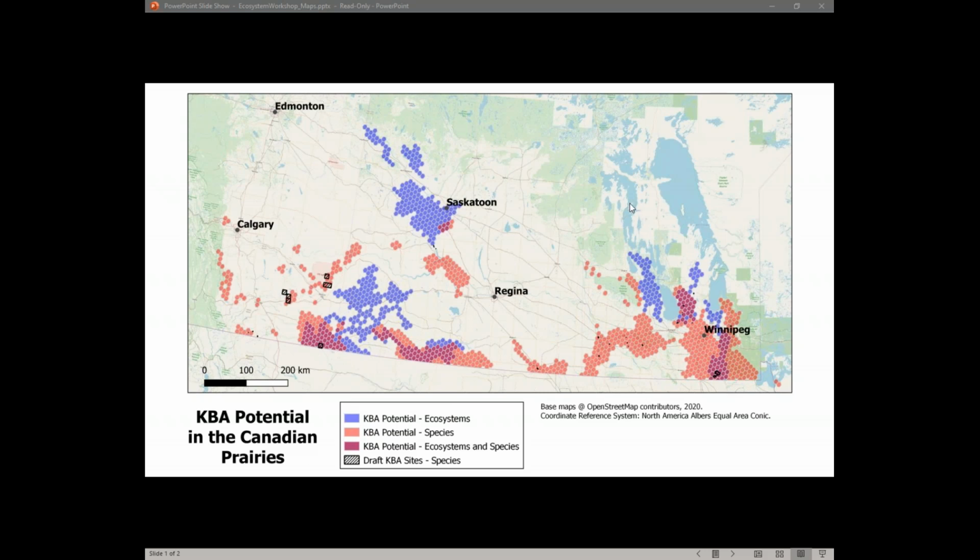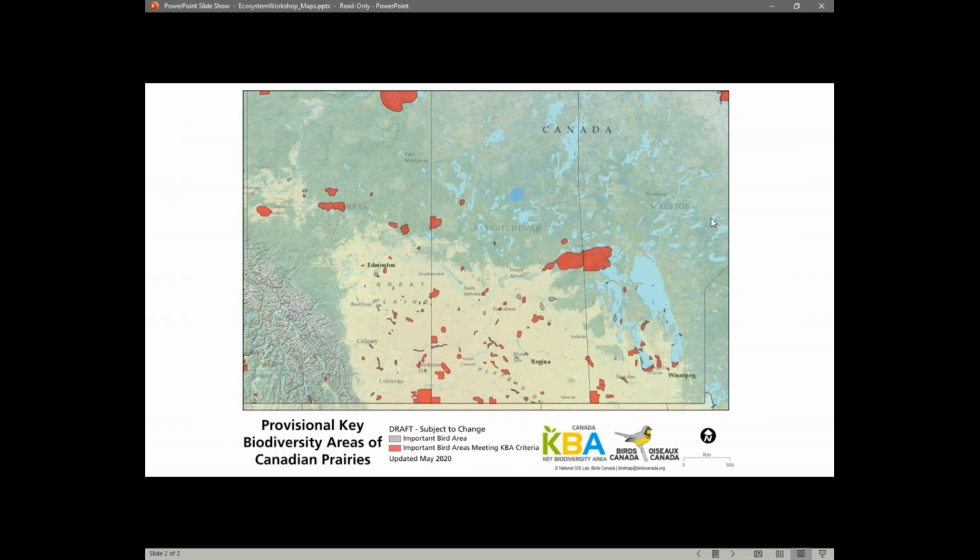And my next map, hopefully you can see this. This also is the map of all the existing IBAs, the important bird areas in the prairie provinces. So these have the potential to qualify as KBAs as well, but they need to be crosswalked to ensure that they meet all the standards of the KBA.